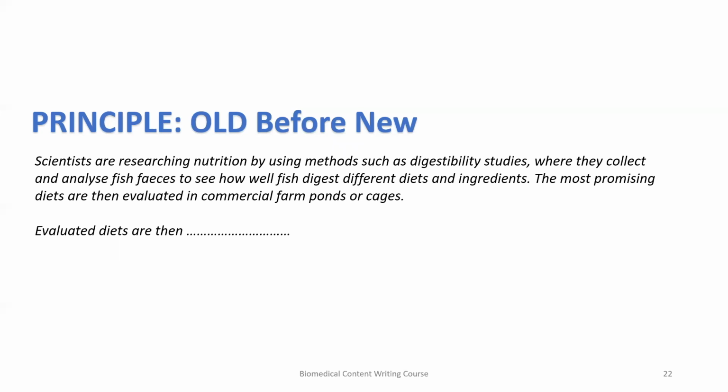The most promising diets are then evaluated in commercial farm ponds or cages. Then in the next paragraph, you start your paragraph with evaluated diets are then. You can see we have started with the passive voice just because we want to start our next paragraph with the end of our previous paragraph.